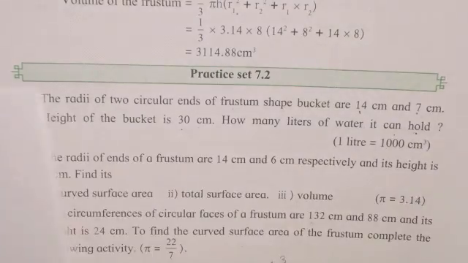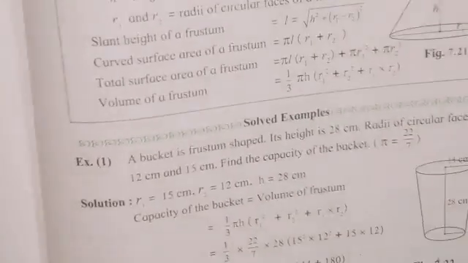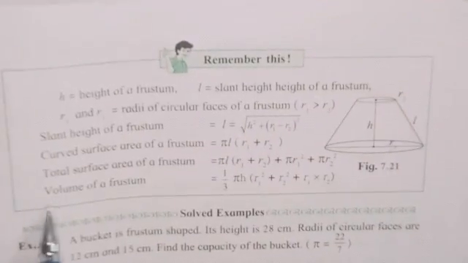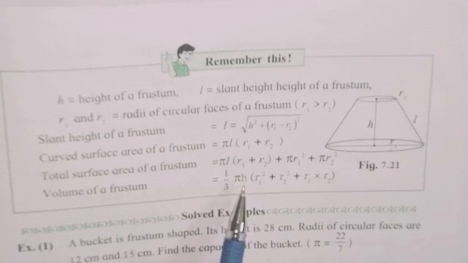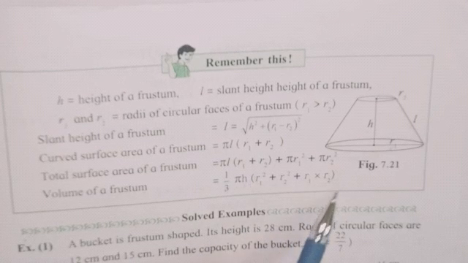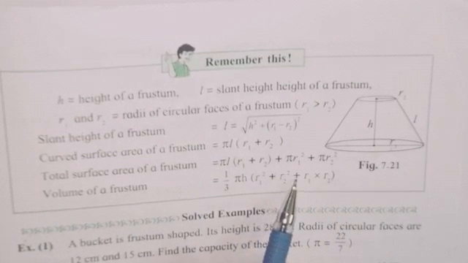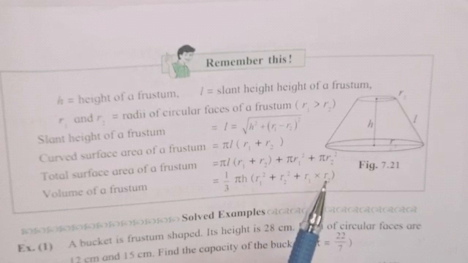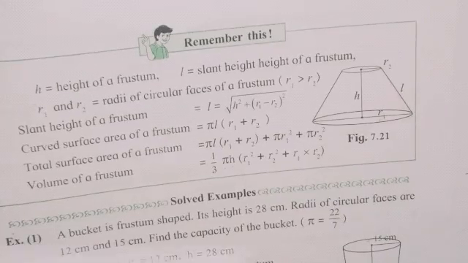Okay, and that day we studied the formula for volume of frustum. Volume of frustum is equal to 1/3 pi h into bracket R1 square plus R2 square plus R1 into R2. So we will use that formula here.